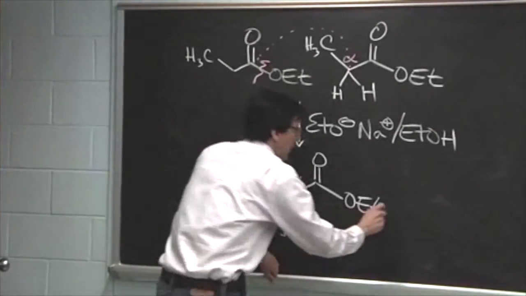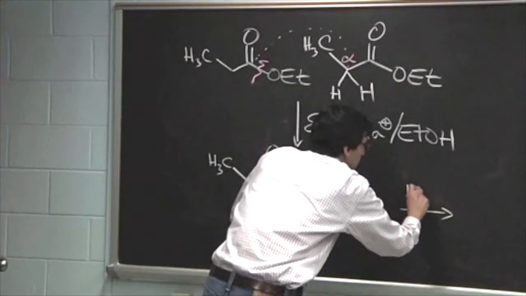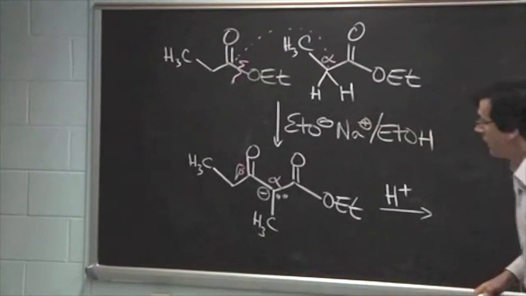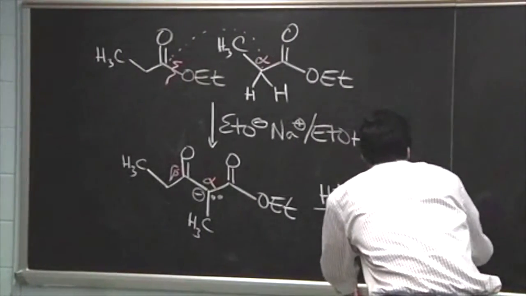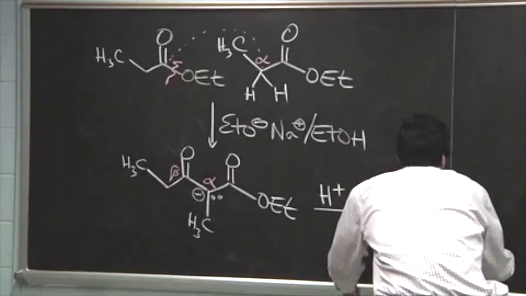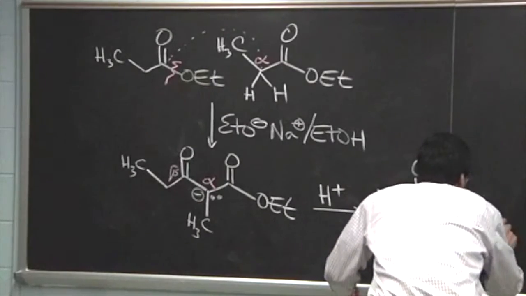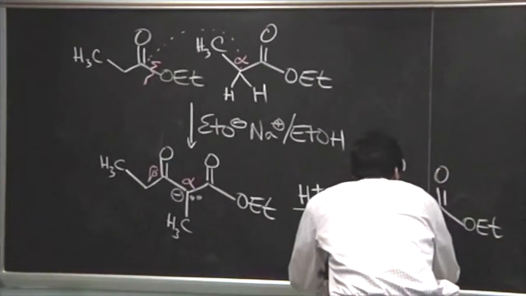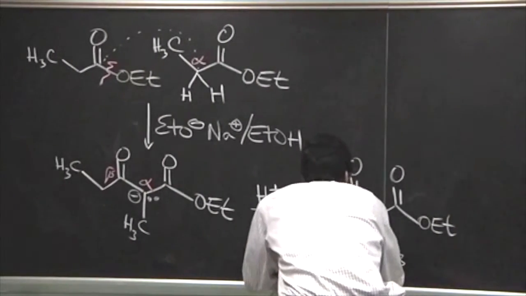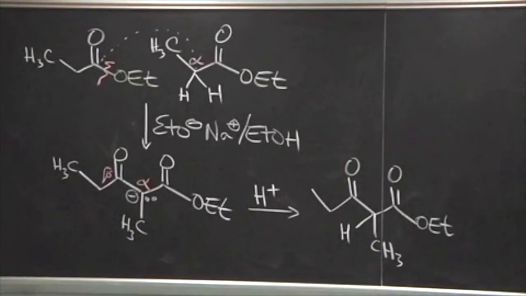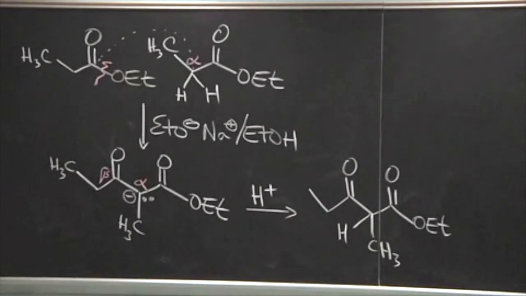And then there's a subsequent step in which we provide a source of protons so that we protonate at that central alpha carbon. And so here is our beta ketoester that we need.